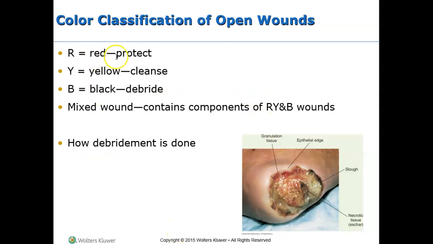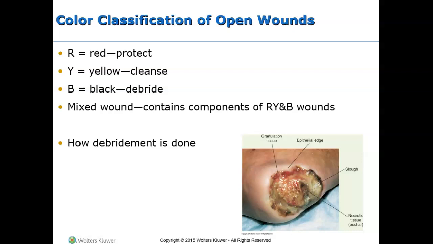And here is how we classify by the colors of our open wounds. Open wounds or wounds healing by secondary intention can also be classified using the RYB system. R stands for red. Red wounds are in the proliferation stage of healing and reflect the amount of granulation tissue present. So that's a good stage to be in.